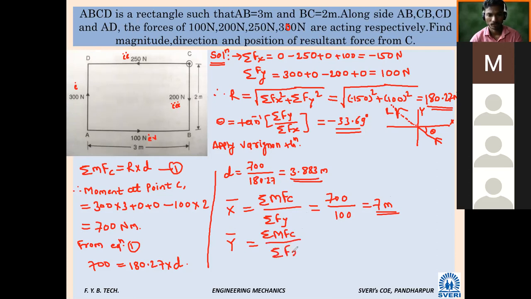This we know: 700 divided by minus 4.66, equal to minus 4.66 meter. Your problem is 100% over.